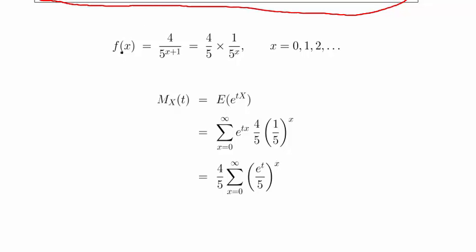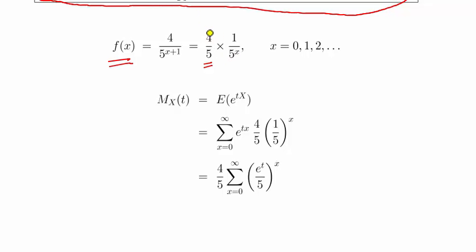So our probability mass function here is 4 over 5 times 1 over 5 to the power of x, which I've rewritten from the original form.